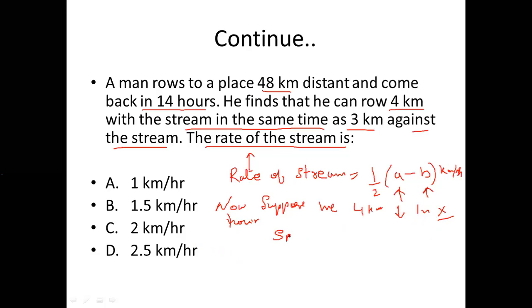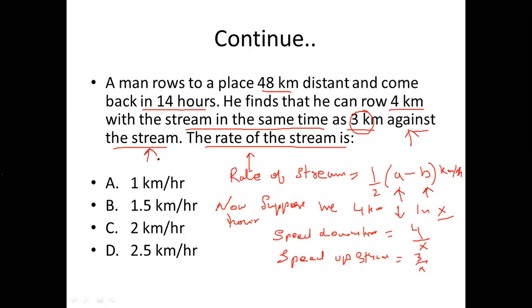So speed of downstream will be 4 by X. Similarly, speed for upstream will be 3 by X, as it is given against the stream.